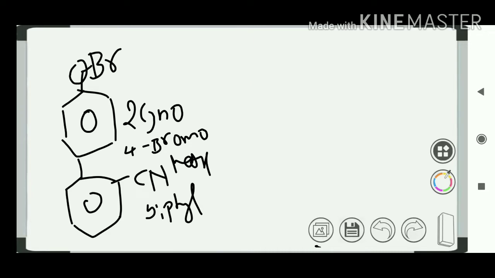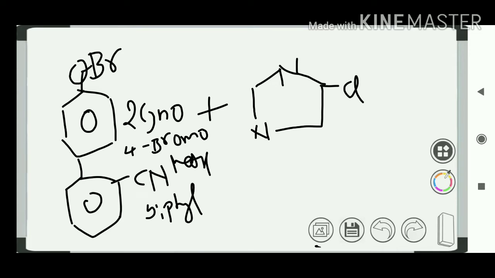It is going to react with the basic imidazole nucleus having the butyl side chain, methanol and chlorine. Here we have the butyl side chain and here the chlorine.